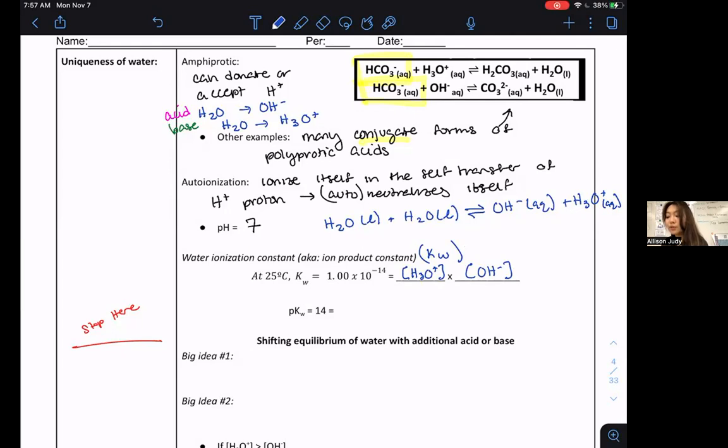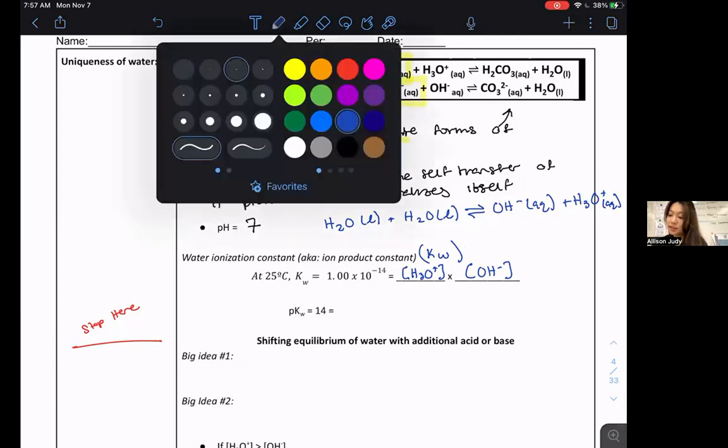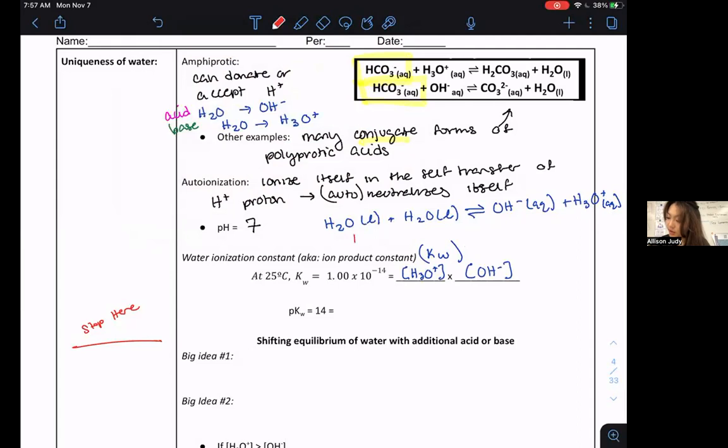K equilibrium rules: we never count liquids either. We would say that a liquid would be 1, so we wouldn't technically count it in the K equilibrium expression. So when we take the log, pKW is equal to 14, and that is equal to pOH plus pH. So you're seeing this is where we get these values from. This is where we start seeing the manipulations come into place with the conceptual understanding of equilibrium.